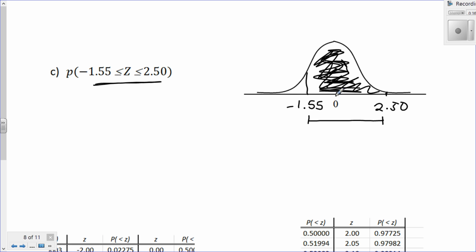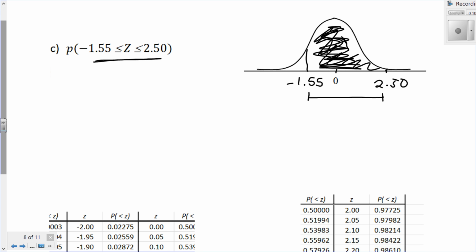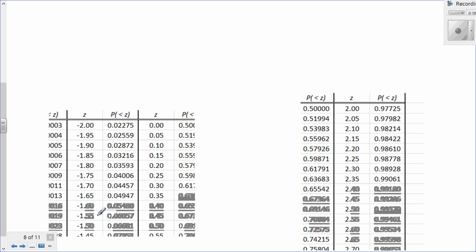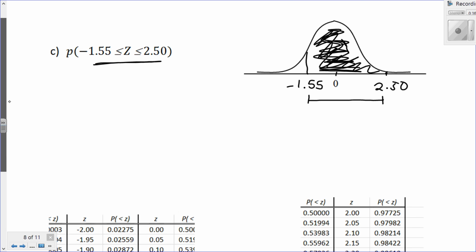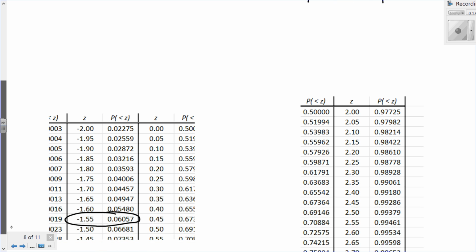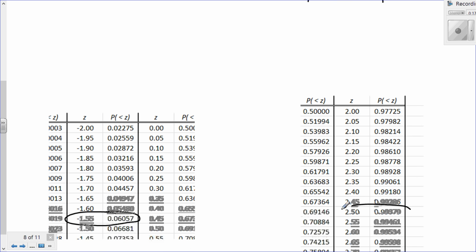As I look up each of these two values, let's see here, negative 1.55. The probability of being less than that is 0.06057. So that's this area here. And then when I look up the 2.5, let's see, there we go.